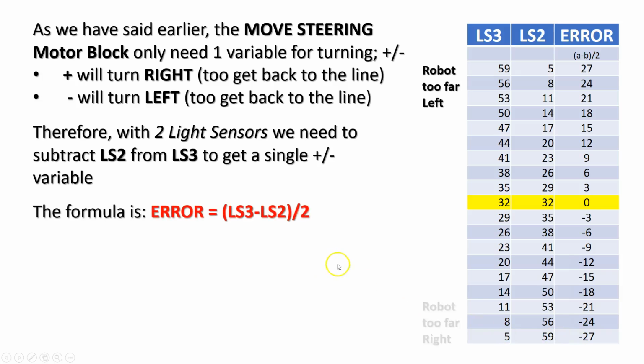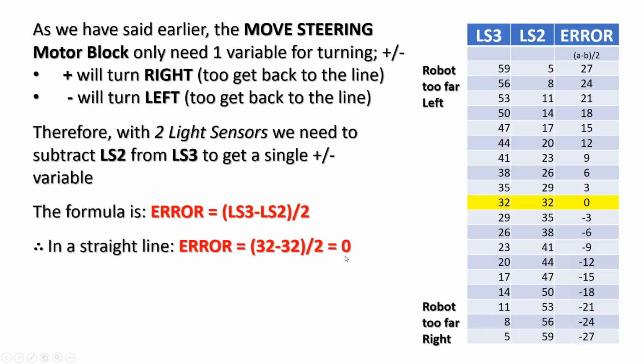The formula is going to look like this. Error, which is what we're going to call it, equals (light sensor 3 minus light sensor 2) divided by 2. We use the brackets to make it calculate the subtraction before the divide. In a straight line, error equals (32 minus 32) divided by 2 equals 0, as shown in the table.